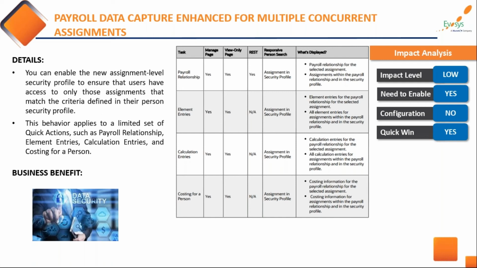If you are given data security in terms of element entries, then you will be able to enter or make changes to the element entries only for certain assignments. You will not be able to view the elements on certain other assignments which you do not have access to. Similarly for calculation entries and for costing of a person. These are the 4 tasks where this new assignment level security feature is getting impacted at the moment.